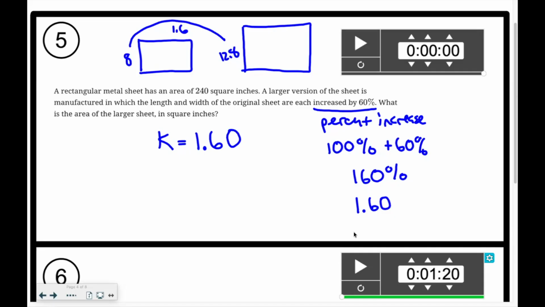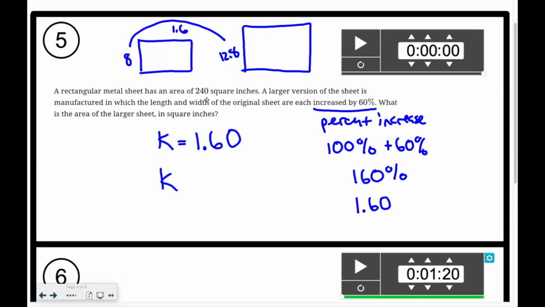Oh, okay. So all of that is just, again, they're combining things here. They're combining percent increase with area and volume. So that part has nothing to do with area or volume. It's just we need to know that if something is increased by 60%, the quickest way to do that is multiply by 1.6. So in this problem, that happens to be our scale factor.